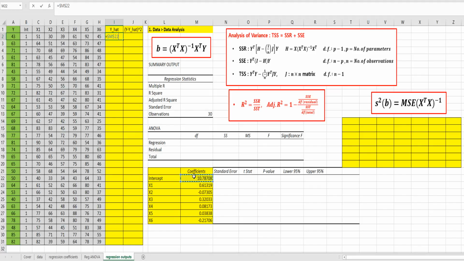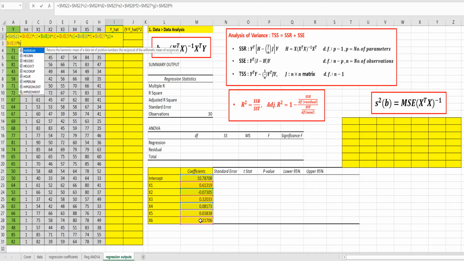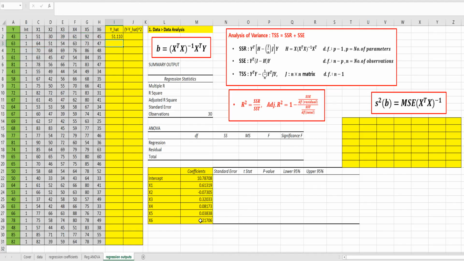So intercept plus x1 regression coefficient, press F4, times C2, plus x2 coefficient times D2, plus x3 coefficient times E2, plus x4 coefficient times F2, plus x5 coefficient times G2, plus x6 coefficient, comma, times H2. Okay.